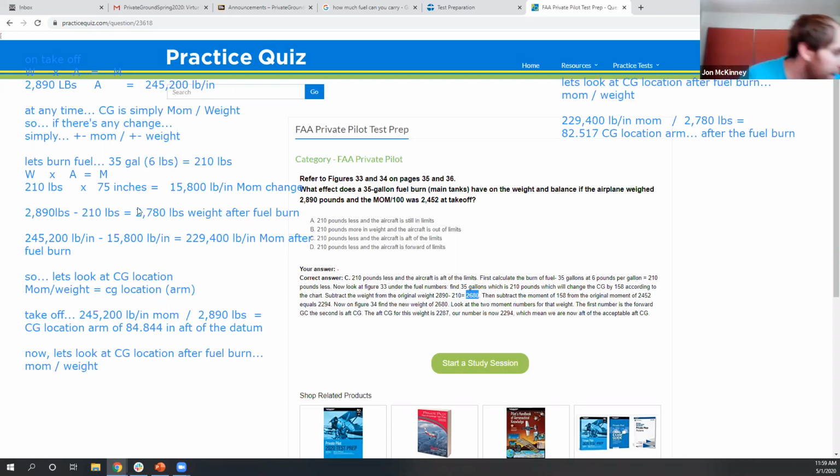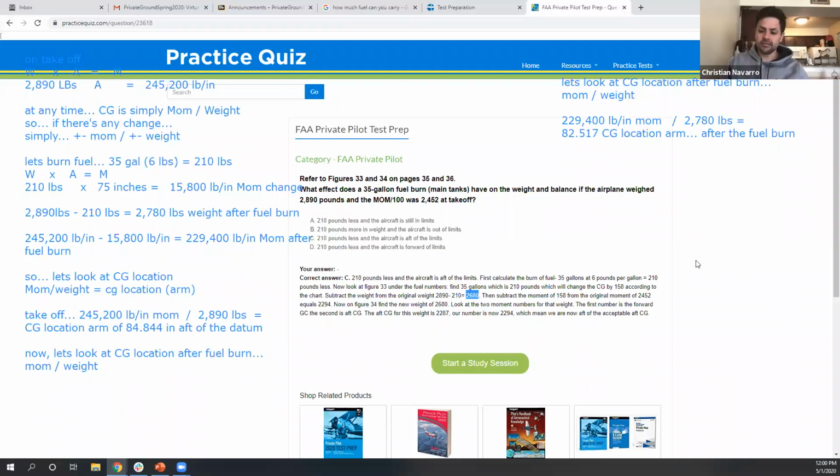Yeah, so it looks like I might have done a little bit of bad math there. Then subtract the moment of 158 from the original moment of 2452. Now figure 30. Okay, so I've screwed us up and I know how to fix it. I'm so sorry to waste your time.